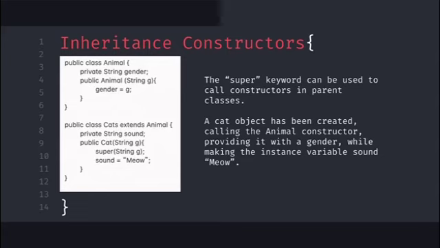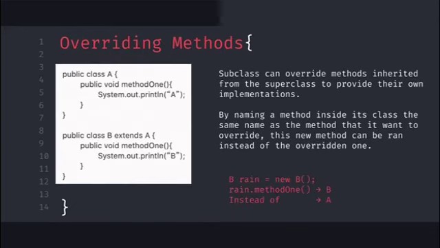So a subclass not only can call constructors in the parent classes, but can also inherit the private instance variables and also have its own instance variables and set them at will.